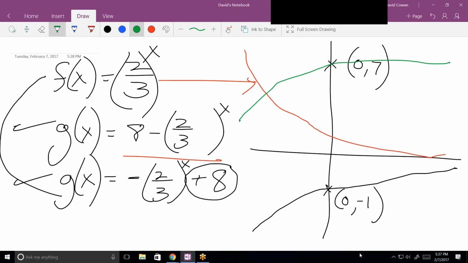Yeah, I was thinking of reflecting it if there was just one. Here's the difference. If the minus sign is in front of the function, it's always a vertical reflection. If the minus sign is inside, like that, then it would be a reflection over the y-axis. Yeah, now I get you.